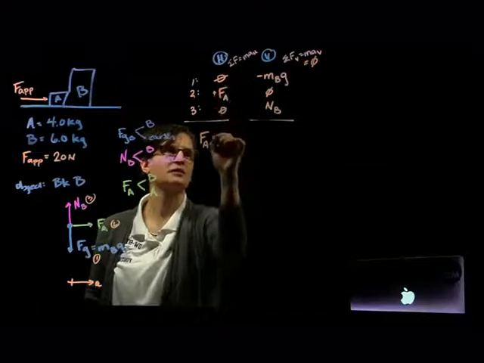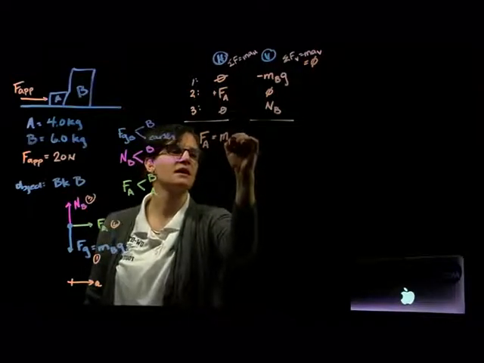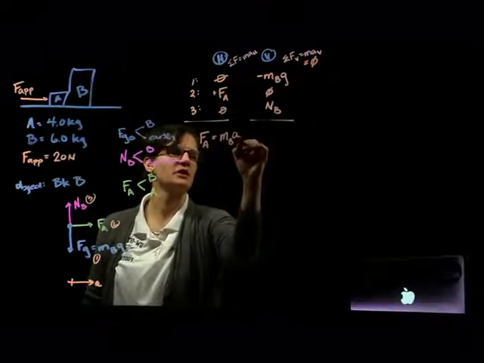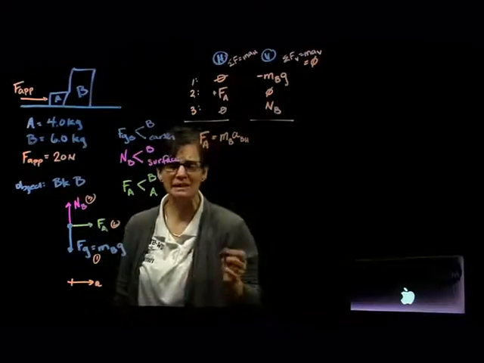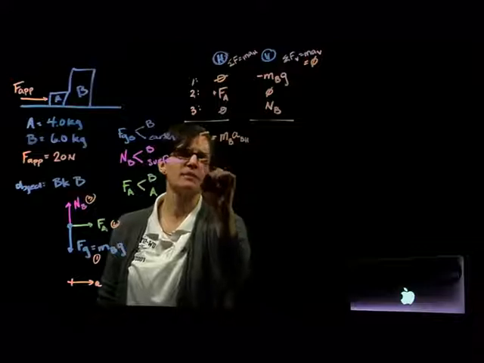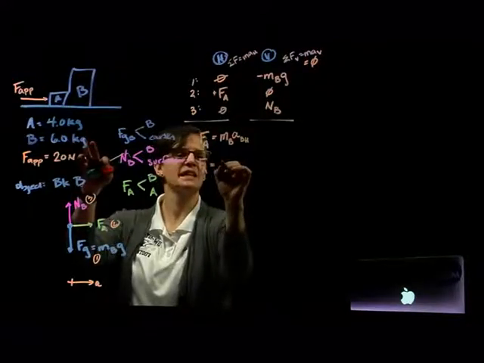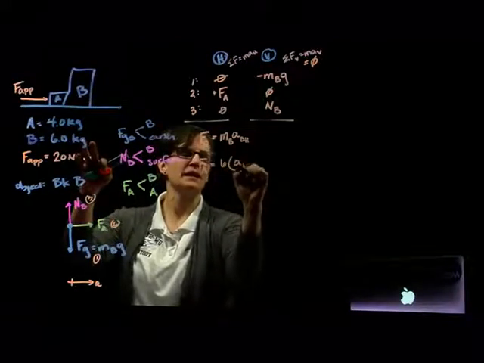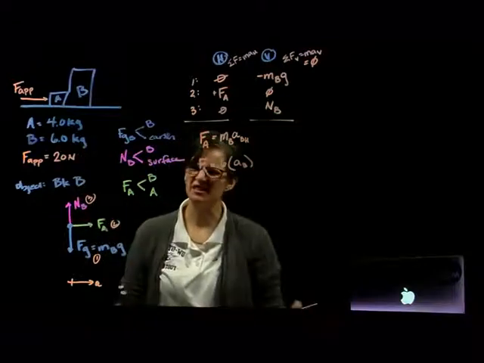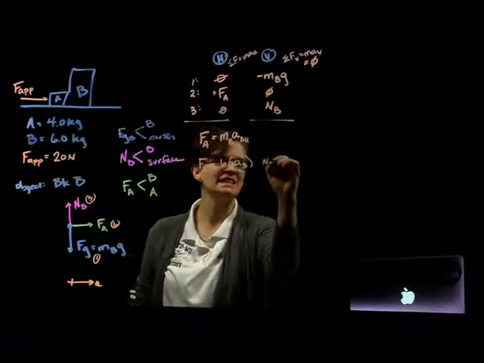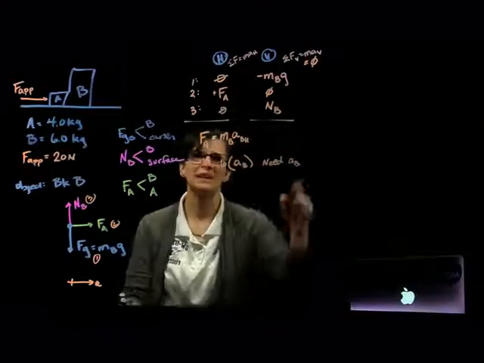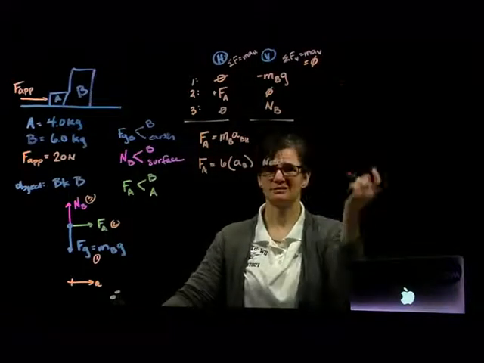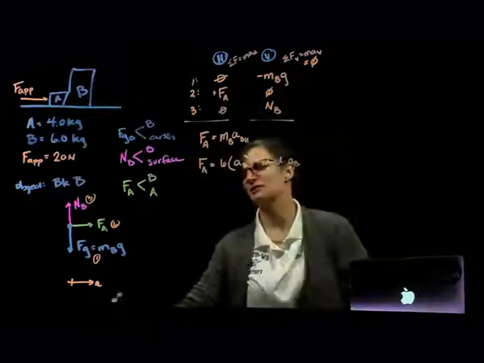Sum this side. The force of A on B is the mass of object B times the acceleration of object B in the horizontal direction. I know that the mass of object B is 6, but I don't know the acceleration of object B, so I need the acceleration of B. I'm not going to get it from the vertical direction, because there is no acceleration in the vertical direction.